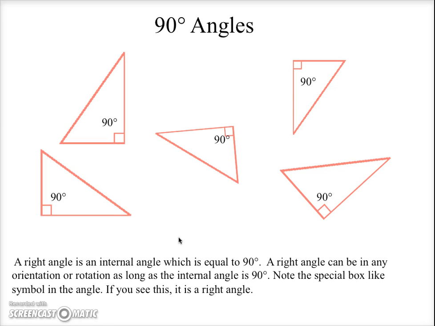Note, the special box symbol in the angle is what makes the triangle a right triangle. This here is the box that makes any triangle a right triangle. And when you have a triangle like this one right here, it is the only way you can solve a Pythagorean problem.